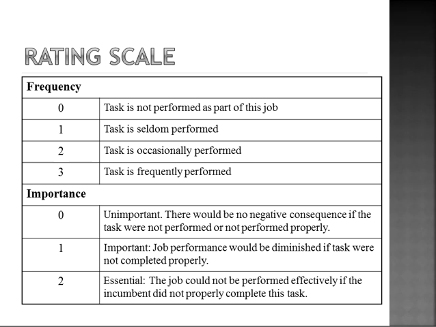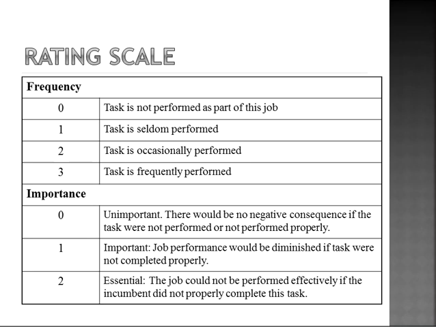Unimportant. There will be no negative consequence if the task were not performed or not performed properly. 1, important. Job performance would be diminished if tasks were not completed properly. 2, essential. The job could not be performed effectively if the incumbent did not properly complete this task.